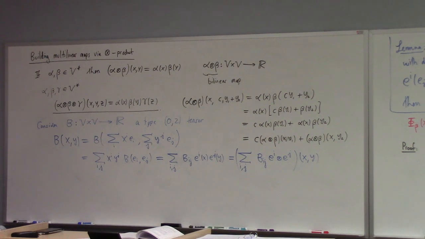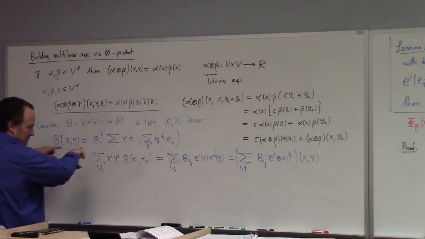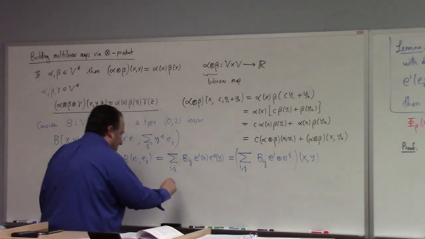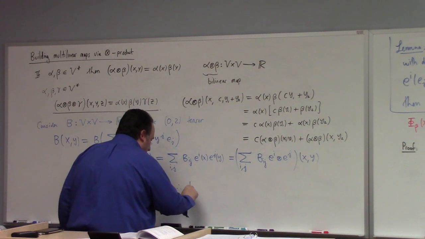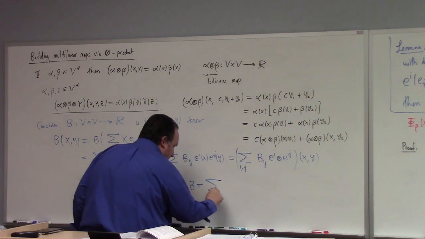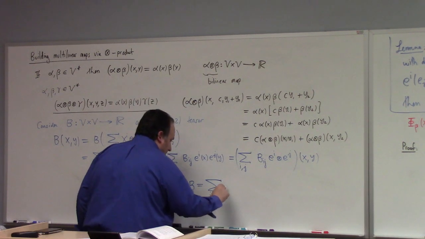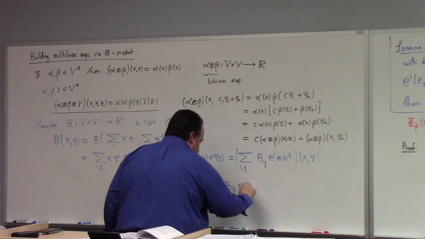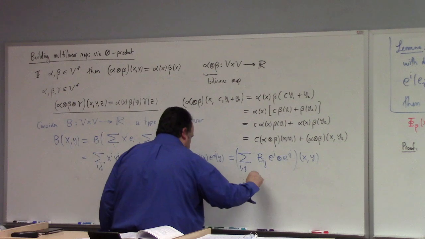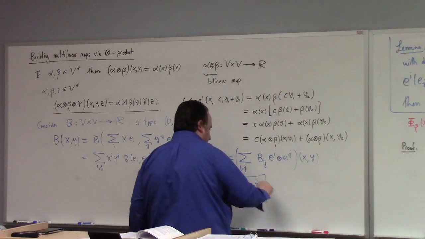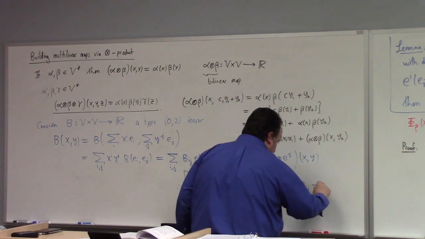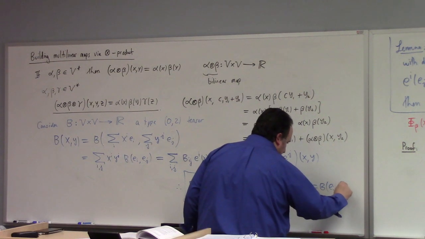Okay, so this is an identity that holds for all x and y, right? So therefore, B is equal to the sum over i and j of B_ij, e^i tensor e^j, where B_ij is equal to B of e_i, e_j.